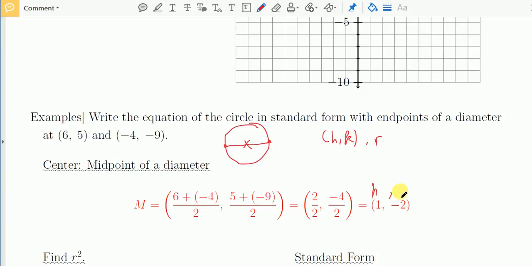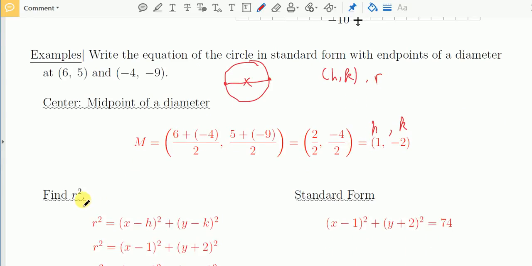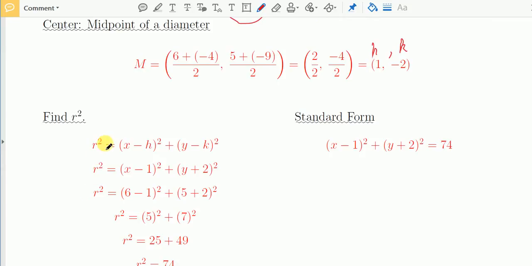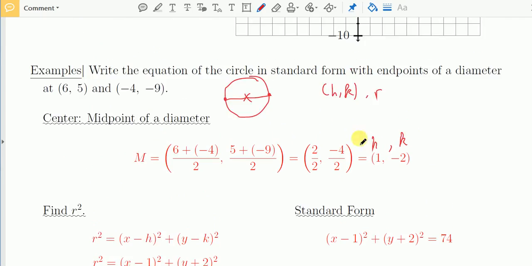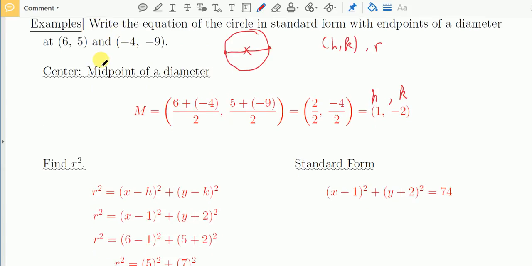So this is h, this is k, and in order to find the radius r, the radius r is just the half distance of the diameter. Okay, let's just rewrite the equation first, and then I'll show you how to find the radius.